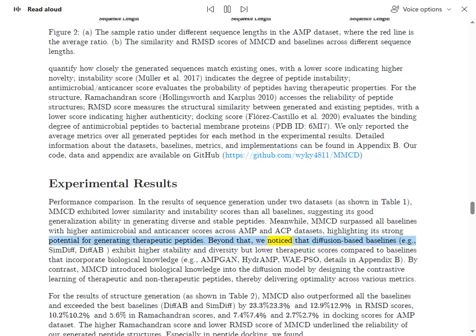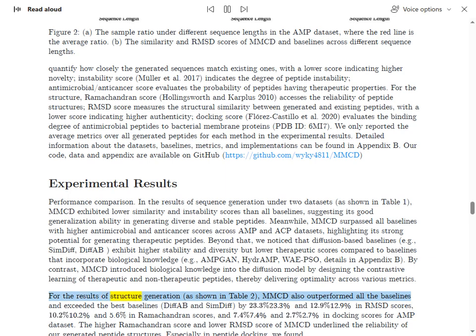Beyond that, we noticed that diffusion-based baselines, e.g., SimDiff, DiffAB, exhibit higher stability and diversity, but lower therapeutic scores compared to baselines that incorporate biological knowledge, e.g., AMPGAN, HydrAMP, WAPSO, details in Appendix B. By contrast, MMCED introduced biological knowledge into the diffusion model by designing the contrastive learning of therapeutic and non-therapeutic peptides, thereby delivering optimality across various metrics.